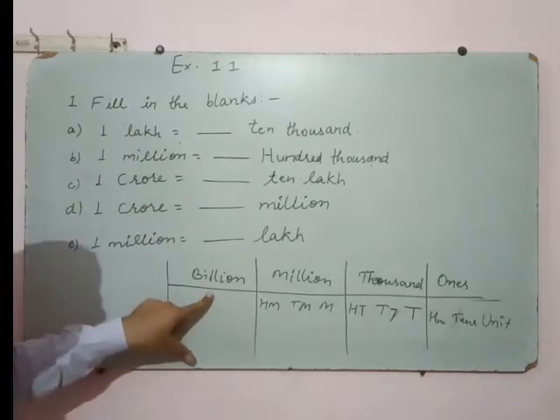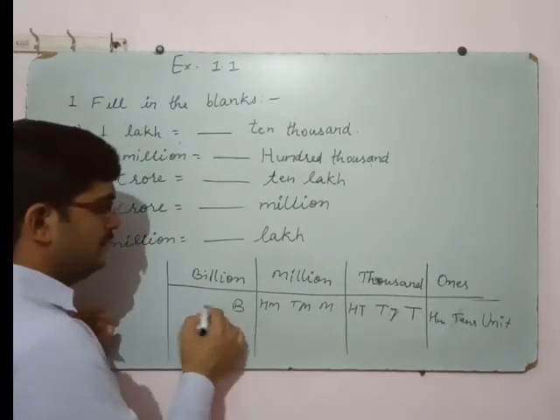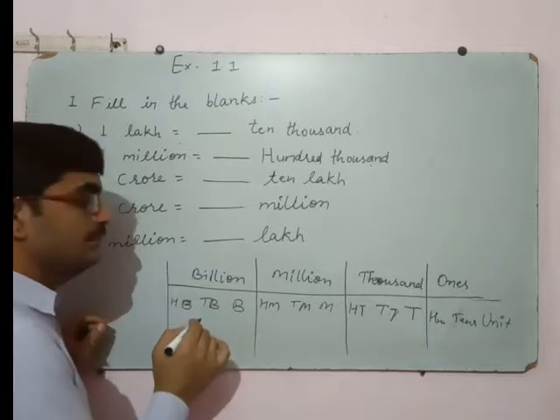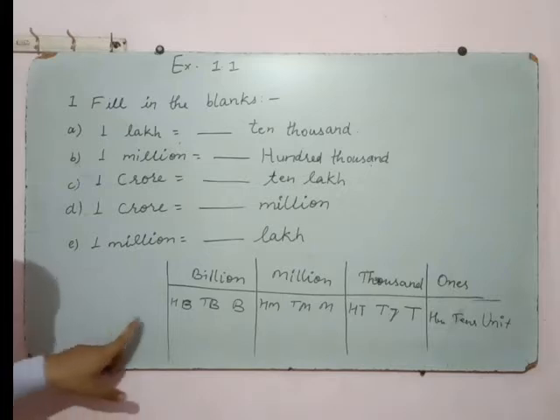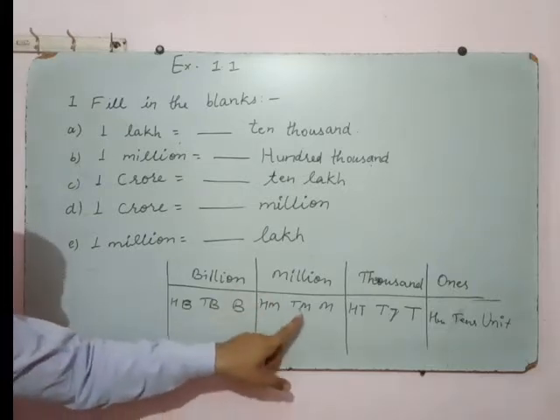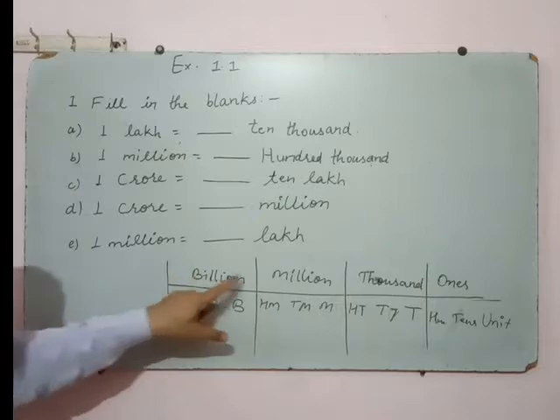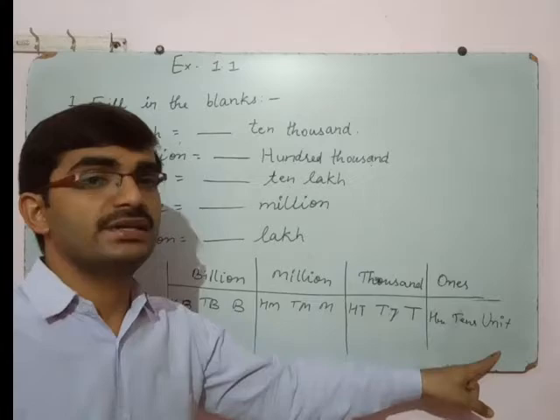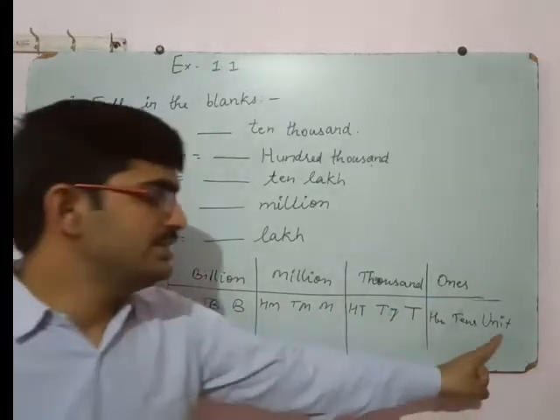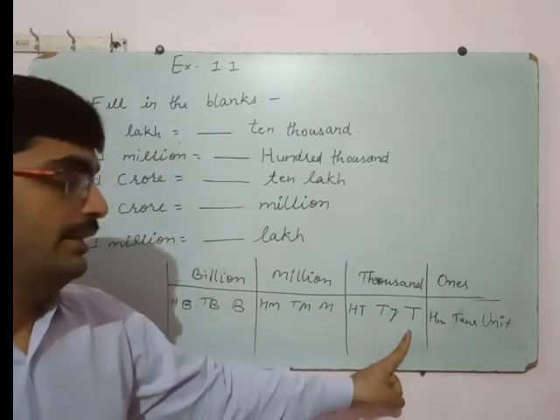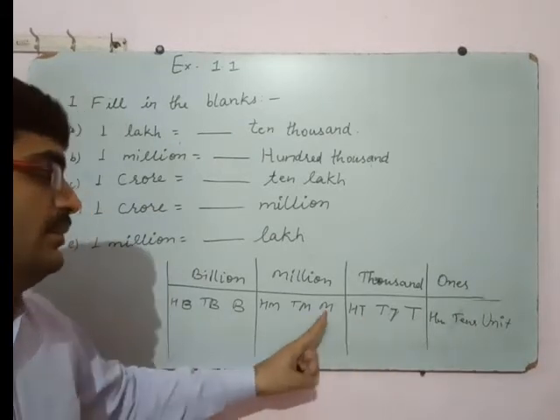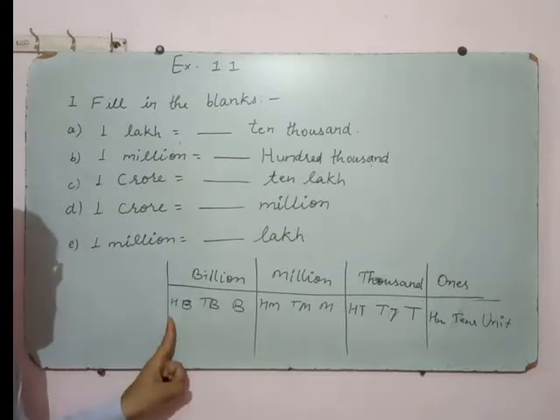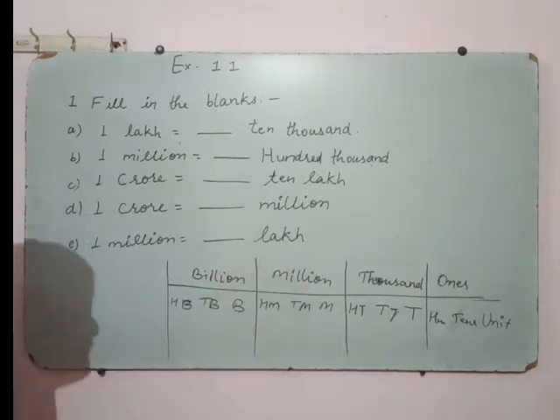And in the billion period there are 3 places: billion, 10 billion, 100 billion. So these are the periods: ones, thousand, million and billion, and 3 places in each period. These are the places of the international system.